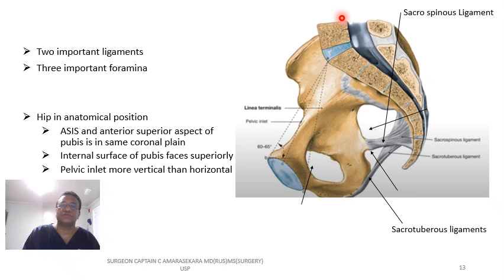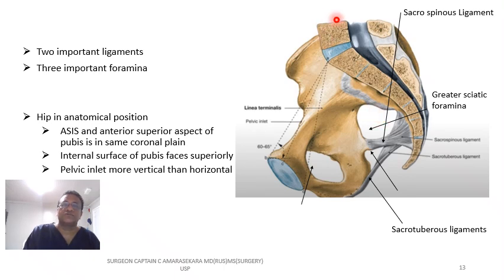The sacrospinous ligament extends from the sacrum to the ischial spine of the ischium. So this converts the greater sciatic notch into the greater sciatic foramen. Now this has become your greater sciatic foramen.